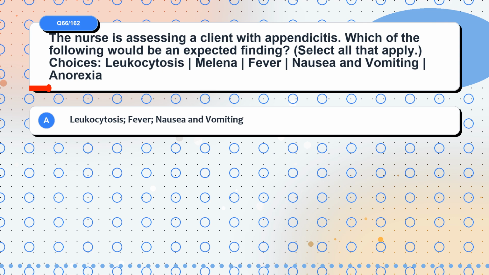Question 66. The nurse is assessing a client with appendicitis. Which of the following would be an expected finding? Select all that apply. Choices: leukocytosis, melena, fever, nausea and vomiting, anorexia. Here are the options. Option A: leukocytosis, fever, nausea, and vomiting.